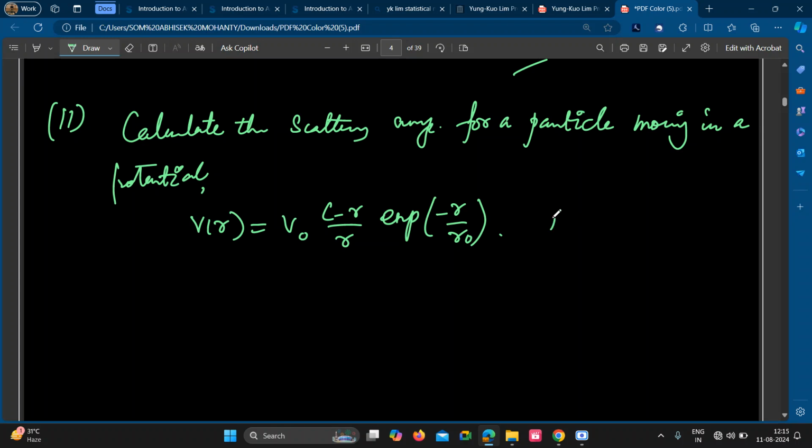Where V naught and r naught are constants. So you have to solve it. Do one thing, do it now. Homework you won't do, so I'm giving you 2 minutes. Again, a simple kind of question to solve now.